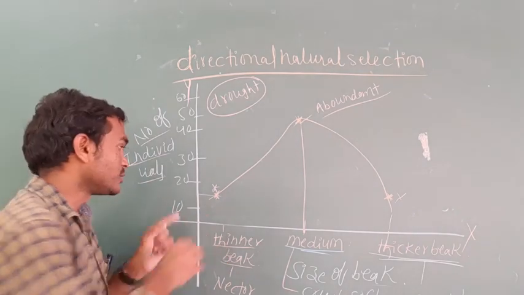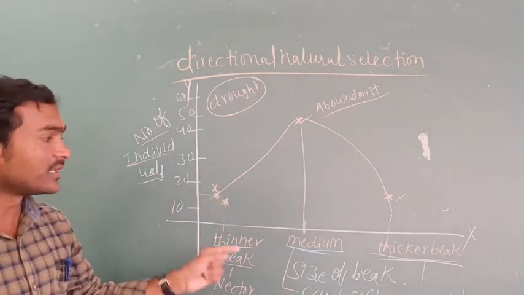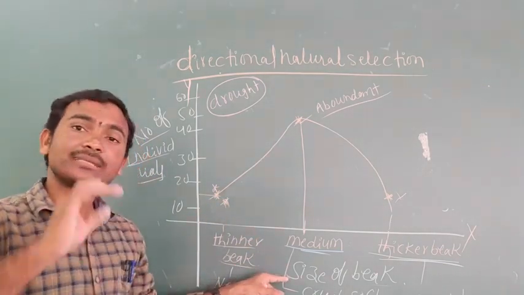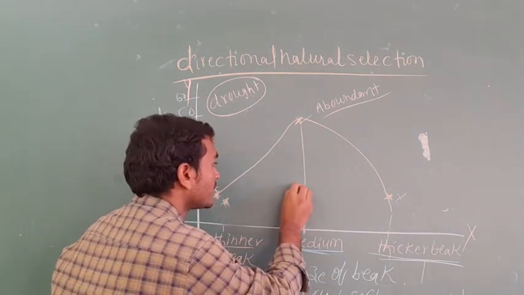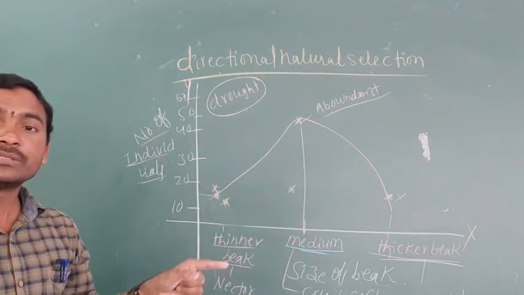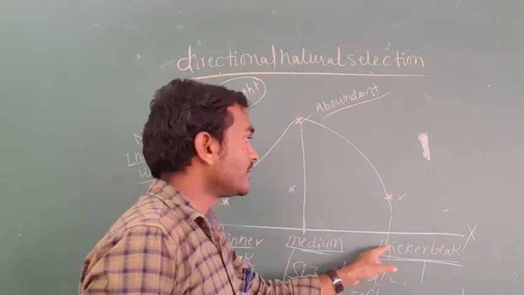The nectar and leaves for the thinner beak are also in shortage. The medium beak also suffers, because it cannot crush the harder coat of the seeds.